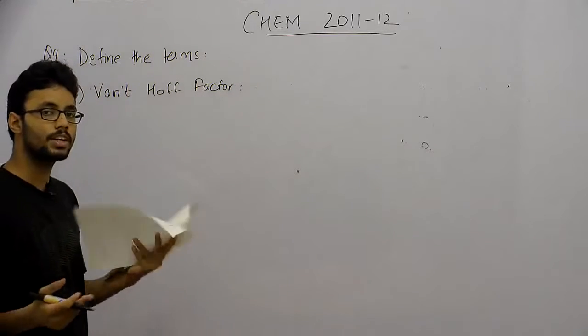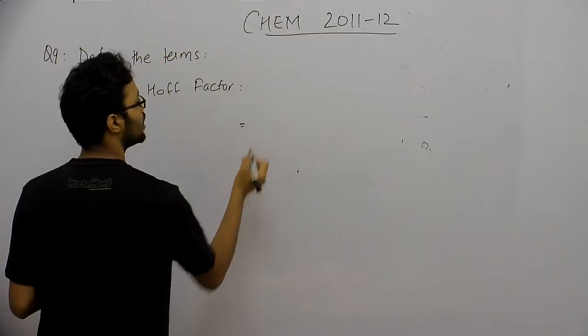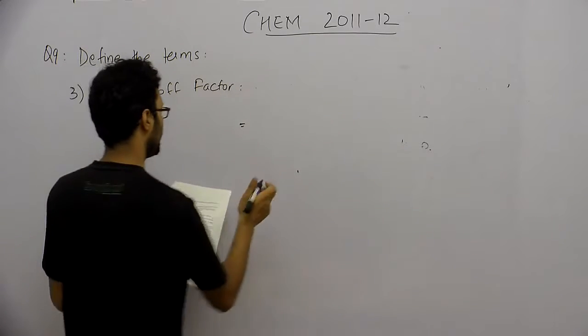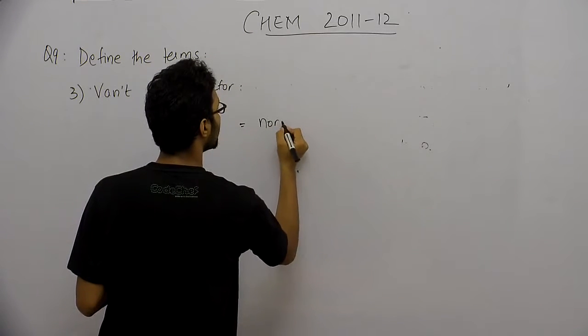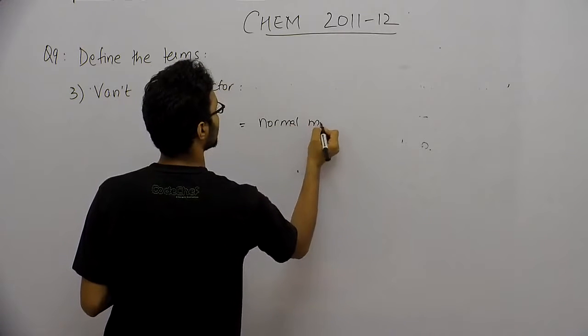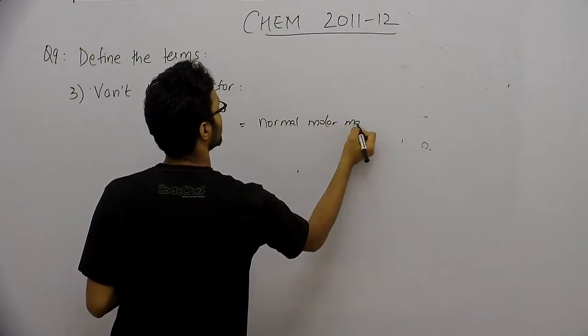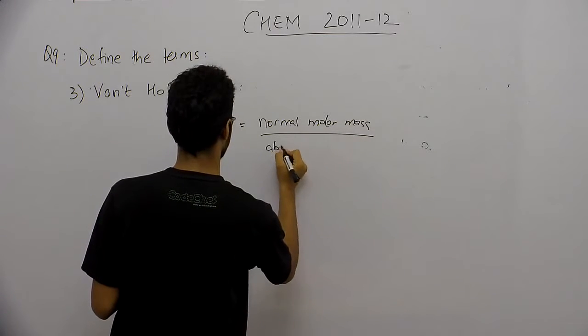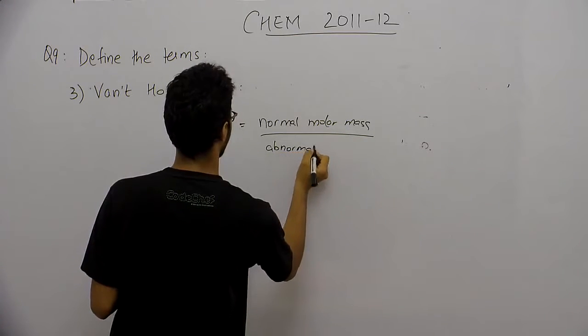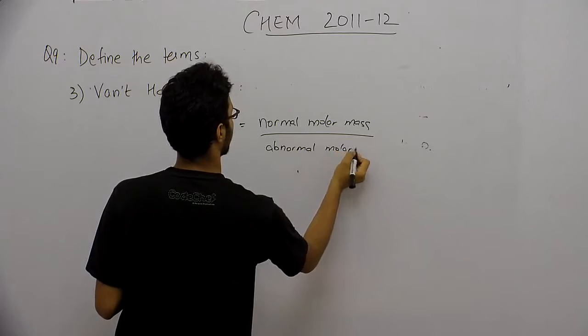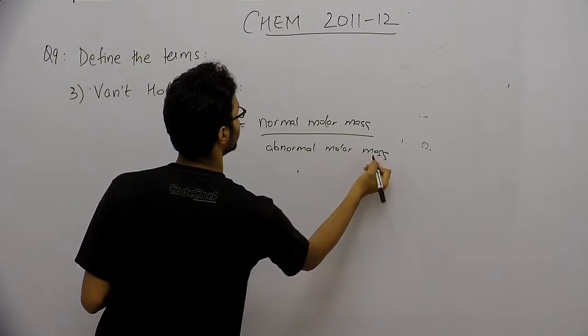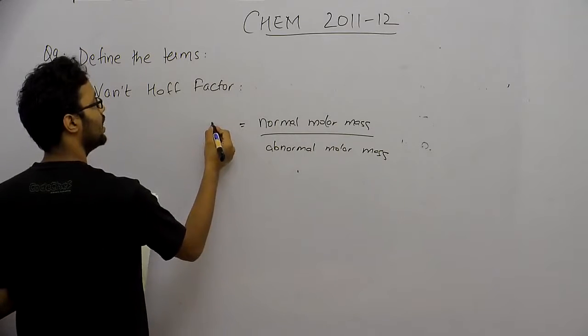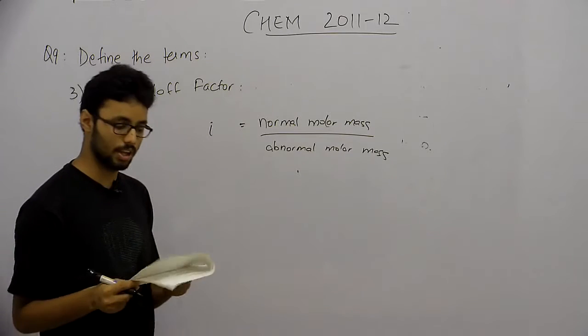So Van't Hoff factor is actually the ratio of normal molar mass over abnormal molar mass. And Van't Hoff factor is denoted by the letter small i.